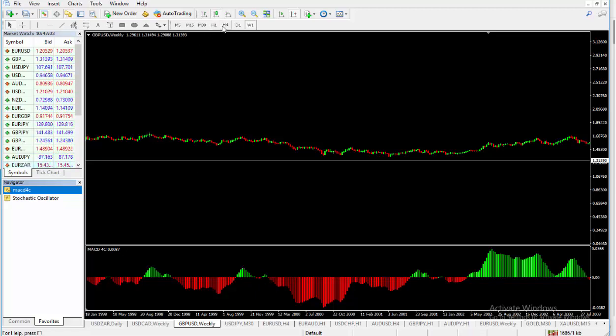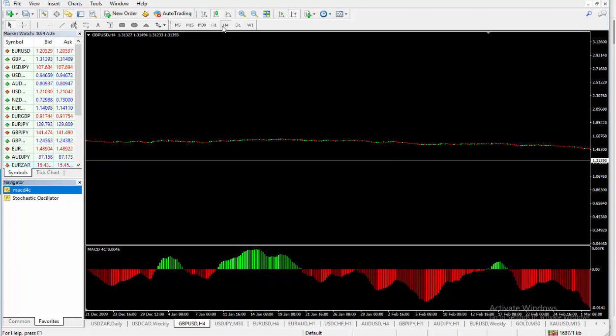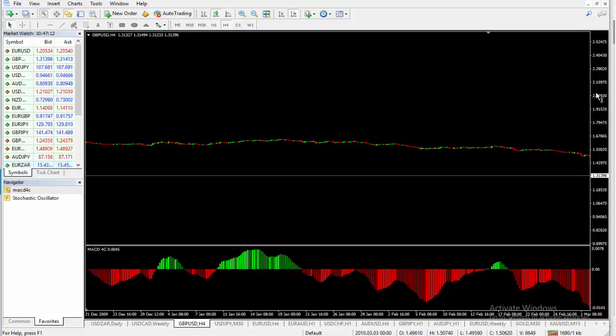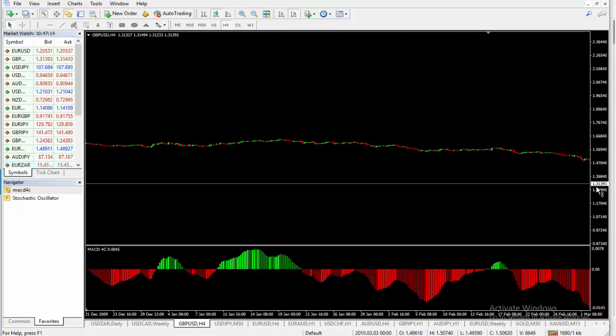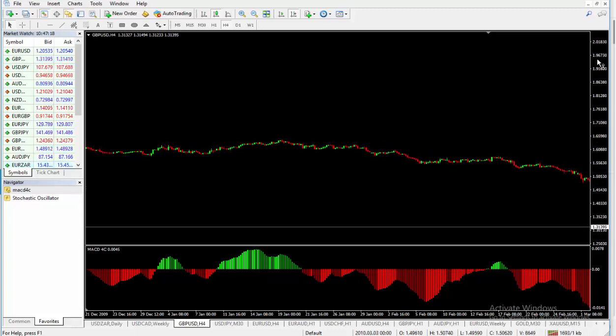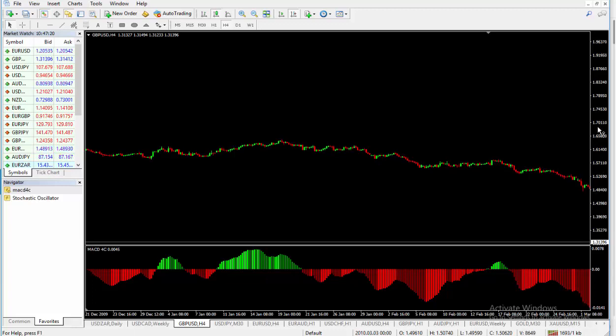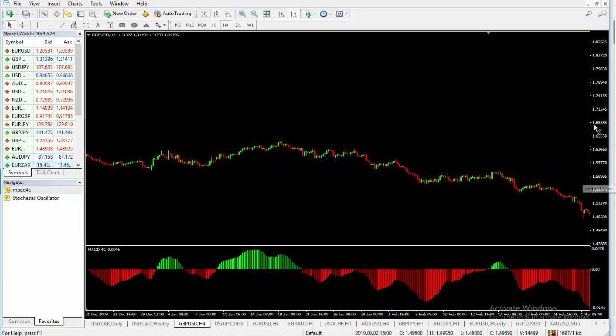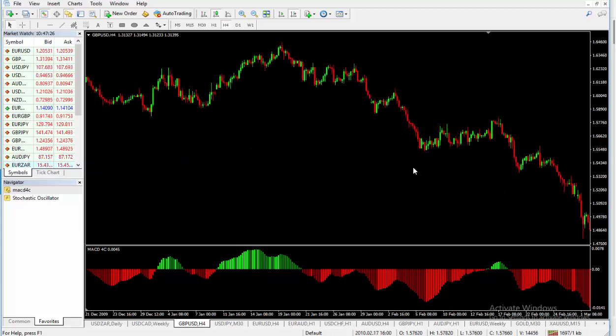So let's go to lower time frames to be able to identify divergence, right?